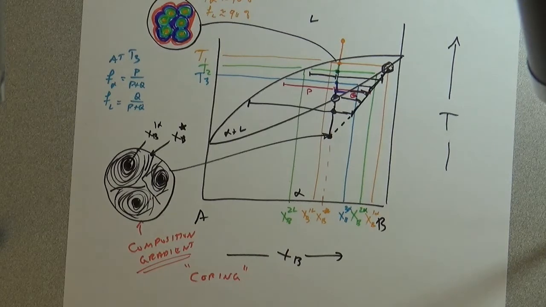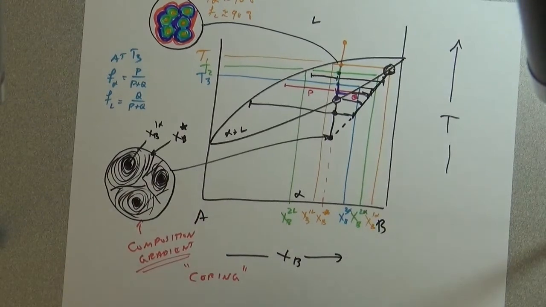And if you get a book such as the textbook by Porter and Easterling called Phase Transformations in Metals and Alloys, that entire book talks about the phase evolution of a material in non-equilibrium conditions based on the equilibrium phase diagram.